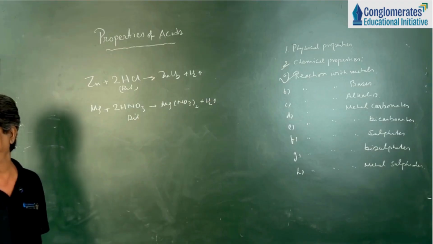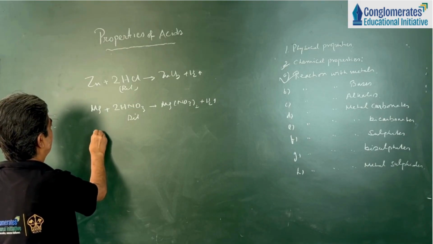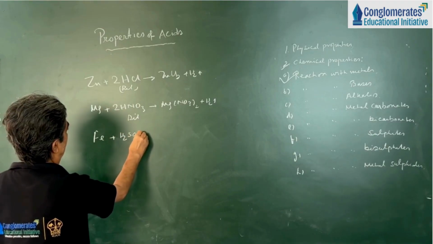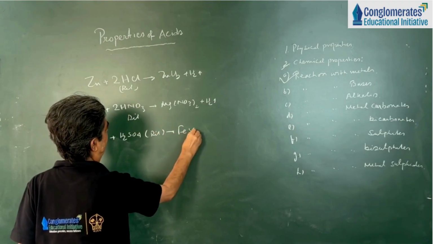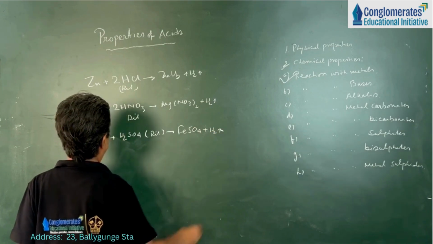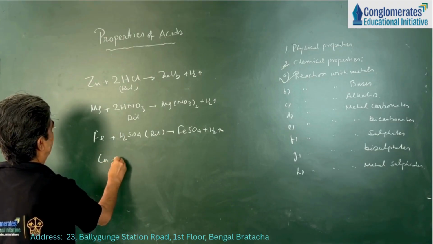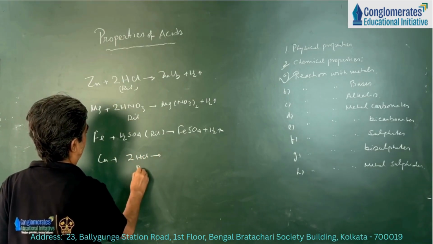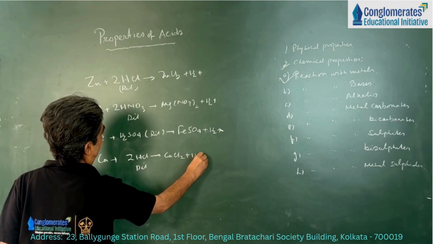Similarly, if you use dilute sulfuric acid, suppose Fe plus dilute sulfuric acid, we get ferrous sulfate plus hydrogen gas. There are so many reactions we can show you, but calcium plus 2HCl, dilute, we get calcium chloride plus hydrogen gas.